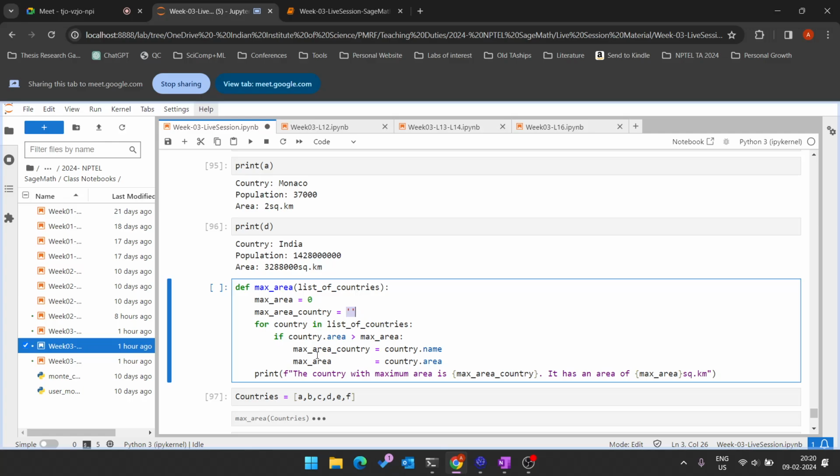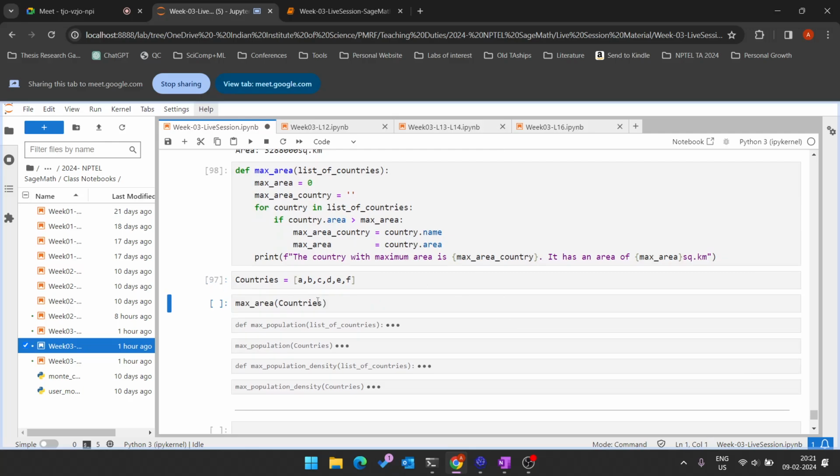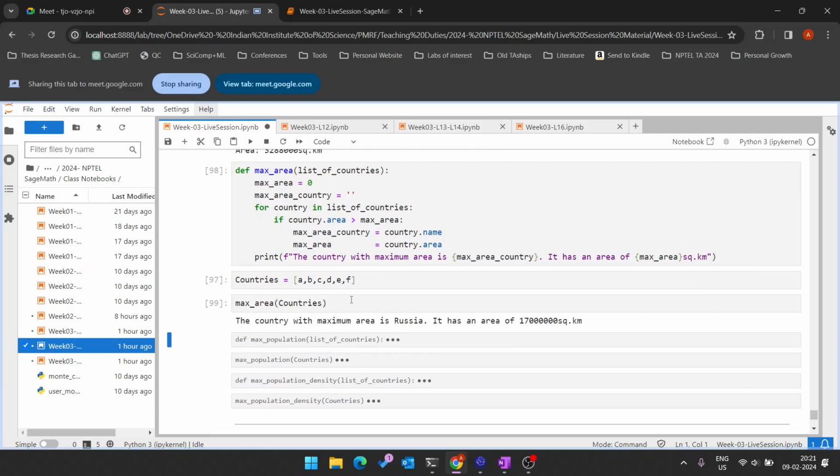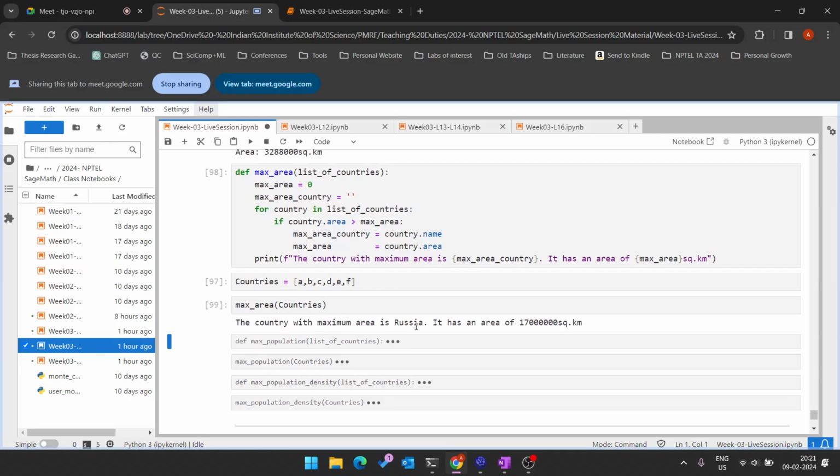Then for every country in the list of countries, when the area of the country exceeds max area, you simply replace the max area country with the country name and max area with the country area. Once this is done, we print the country with maximum area and specify what area it is. If I call this function max_area on countries, I get the output that the country with maximum area is Russia, at around 17 million square kilometers.